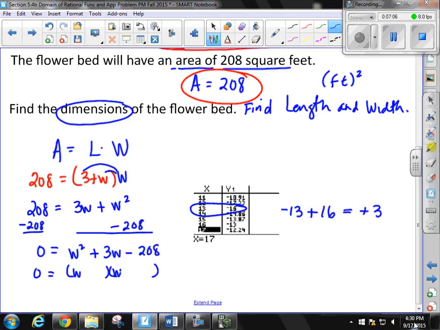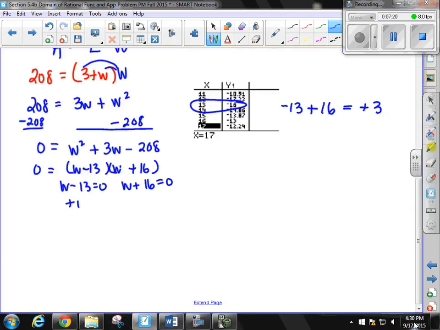So in my parentheses, I want negative 13 and positive 16. Set your factors equal to 0 and solve. I'm going to add 13 to both sides here, and I get w equals 13. I'm going to subtract 16 from both sides here, and I get w equals negative 16.